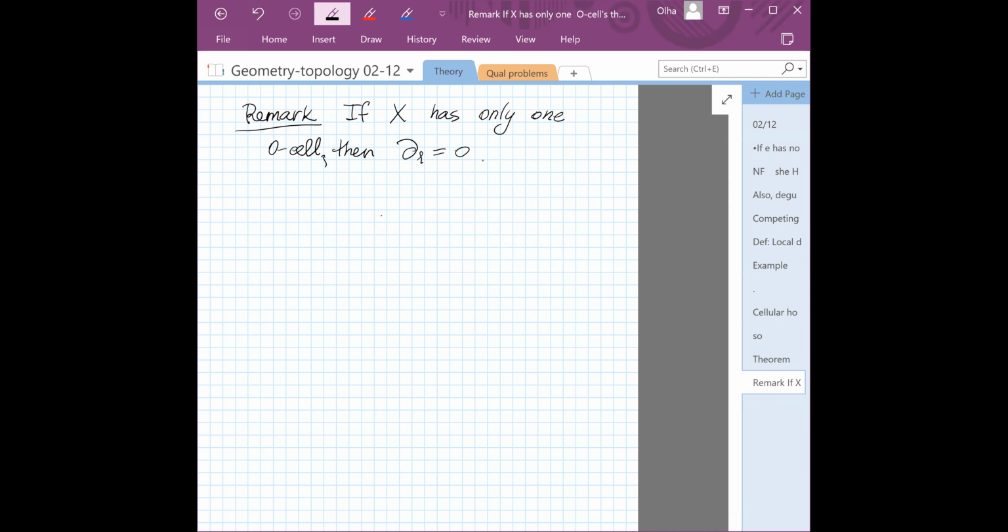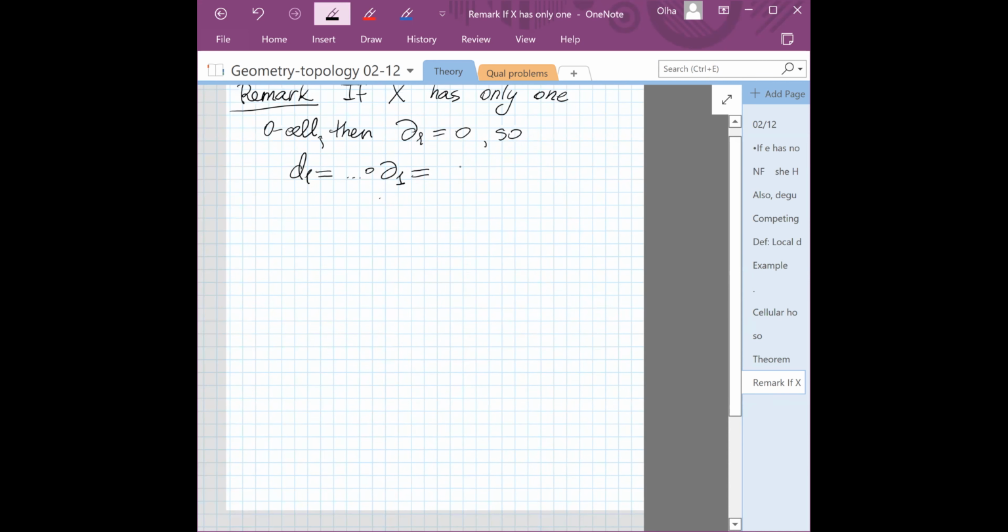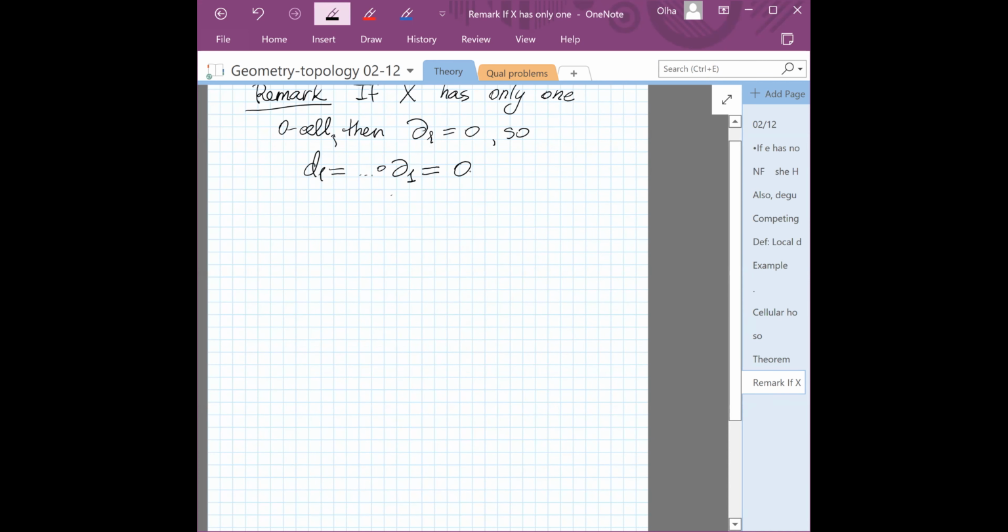And therefore D1, the first boundary map, is also going to be 0. Does this make sense? Do you maybe have questions?